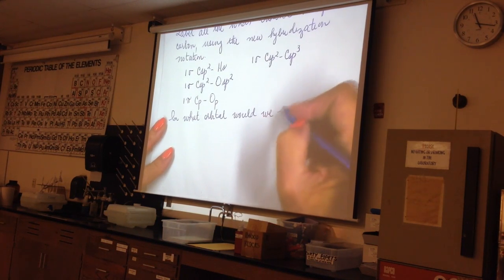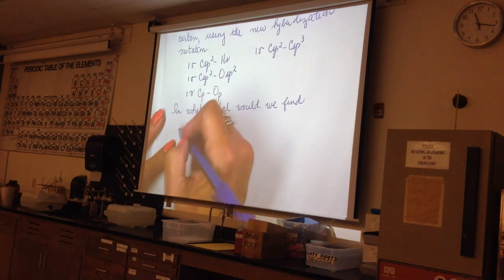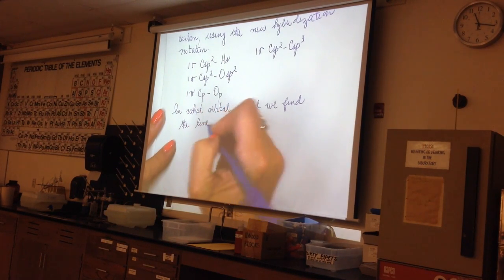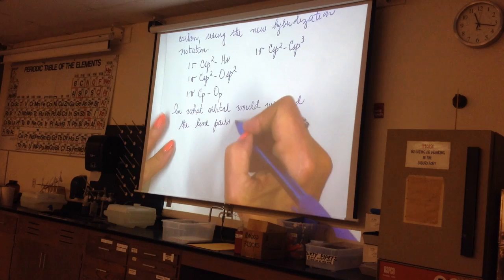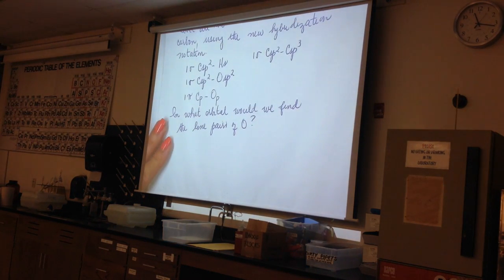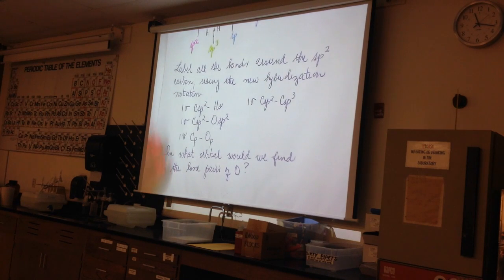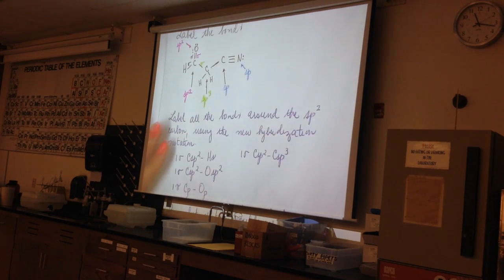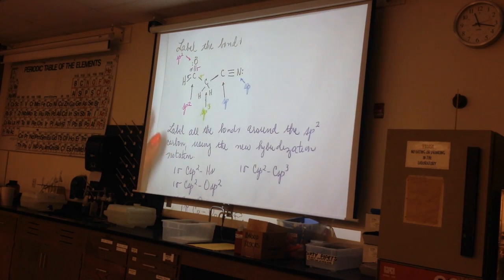In what orbital would we find the lone pairs of oxygen? Would it be the unhybridized p?